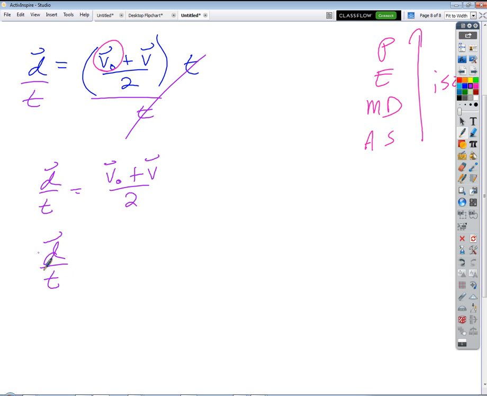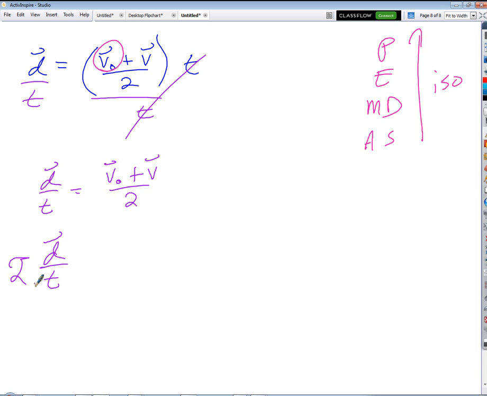If I multiply by 2, I can put that on top or out front, doesn't matter, right? Either way, I'll put it out front. So there's the 2. And then all we have to do is subtract V, and we're left with our v naught all by itself, right?